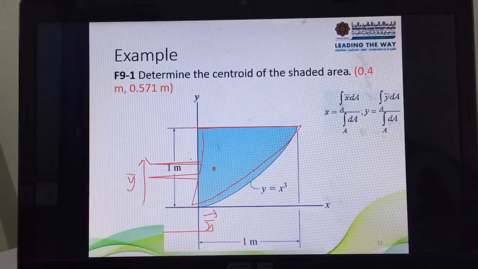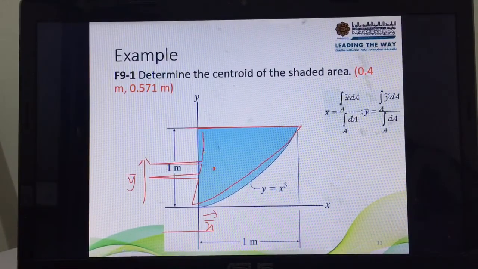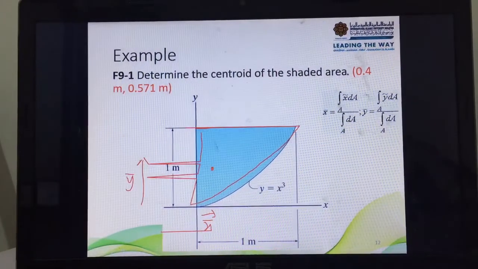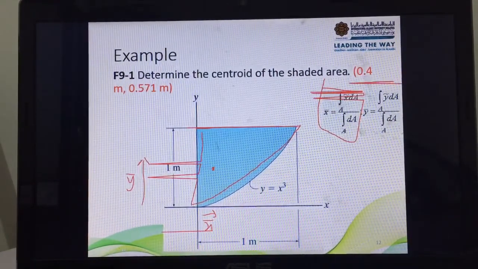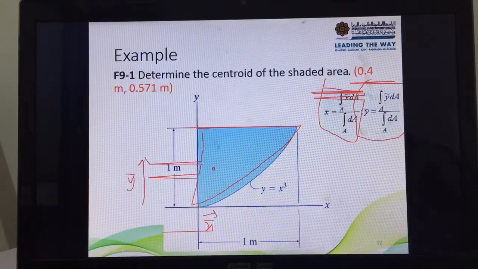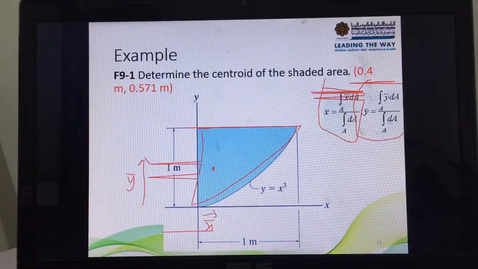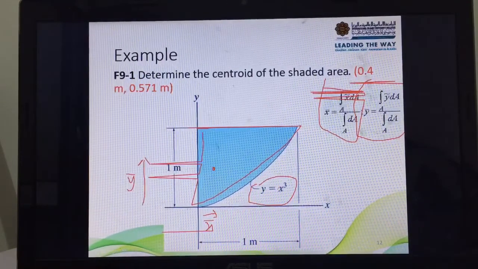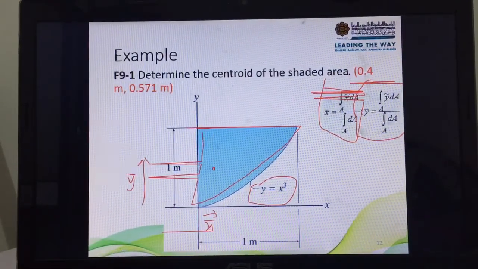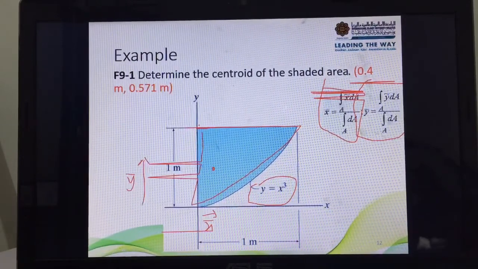That's the idea, right? So for your x bar you will use this formula, and for your y bar you will use the other formula. And this curve is given as the function y equals x cubed. And then the x and y axis system is given.